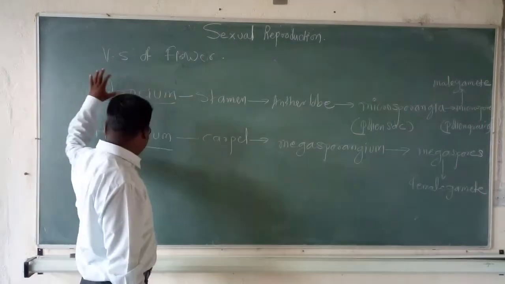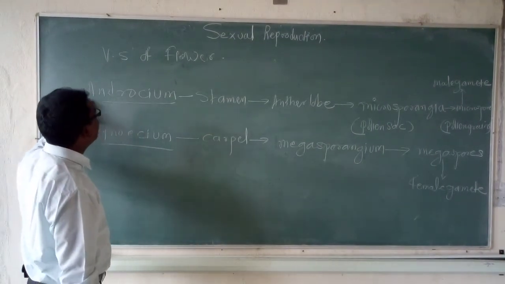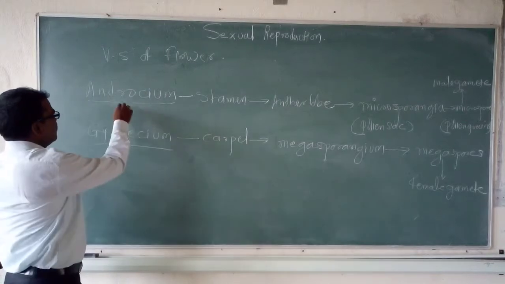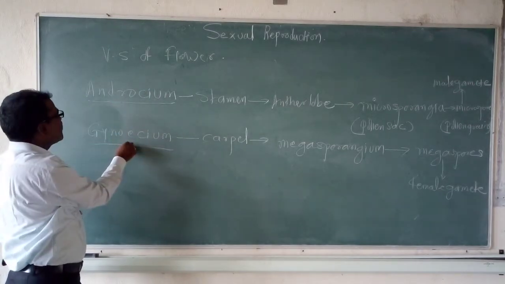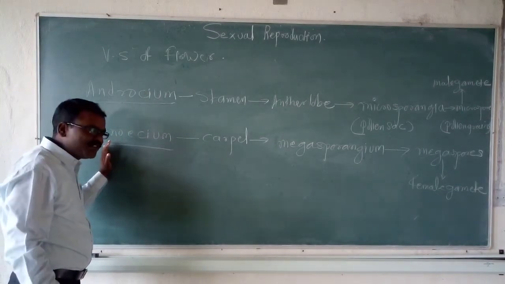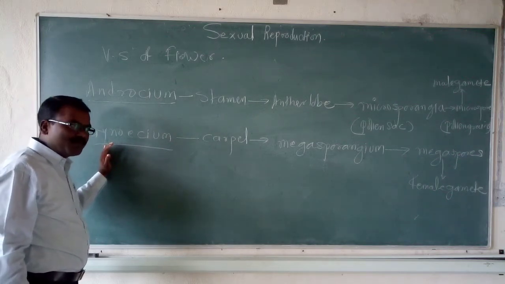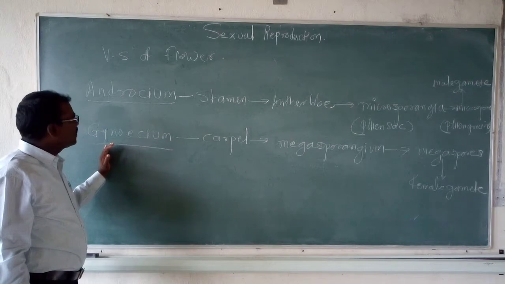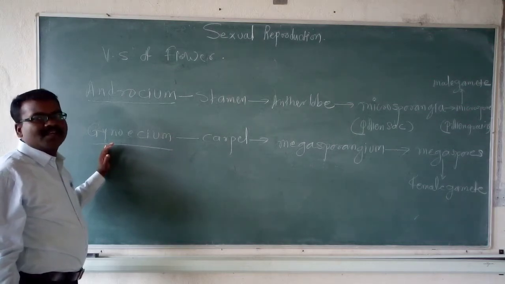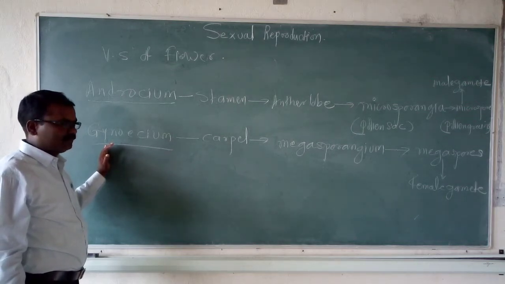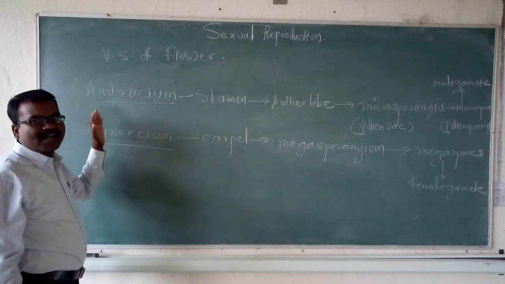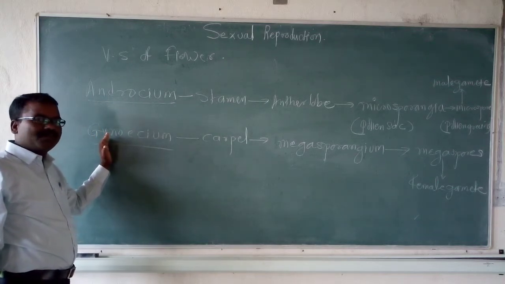These are the two reproductive whorls found in the flower, that is androecium and gynoecium. Because they take part in reproduction, they are called the essential whorls of the flower. Why are the androecium and gynoecium called the essential whorls?